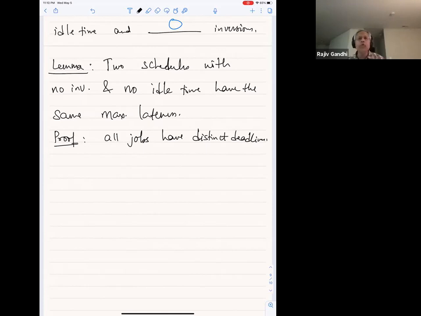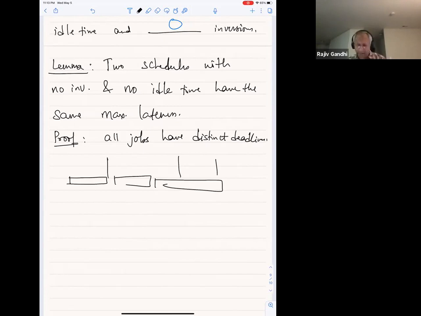Do you agree that two schedules with no inversion and no idle time must have the same lateness, because the two schedules must be identical? Whoever has the earliest deadline will be first, then the next deadline, then the next. So they will be the same, and obviously they have the same maximum lateness.